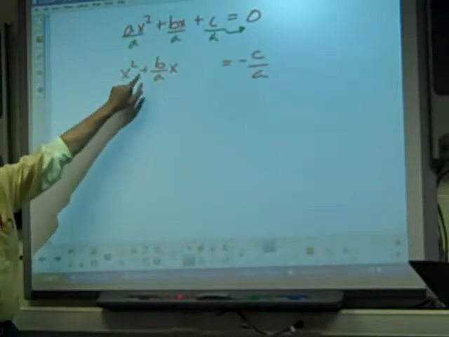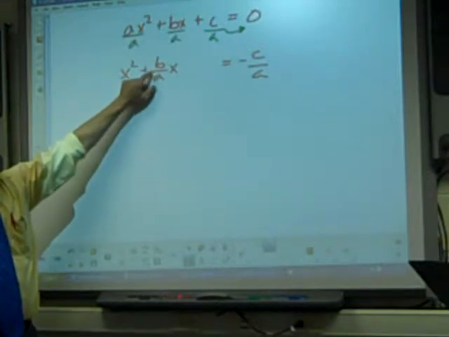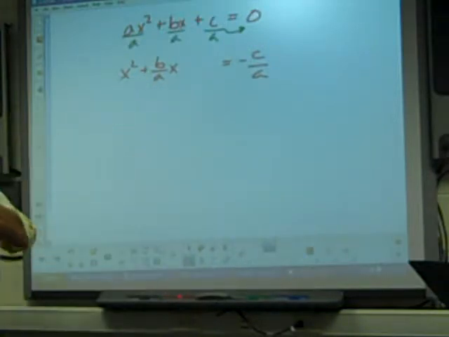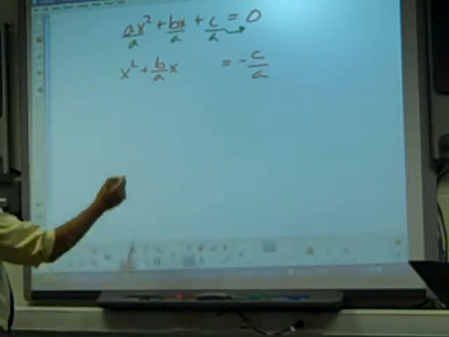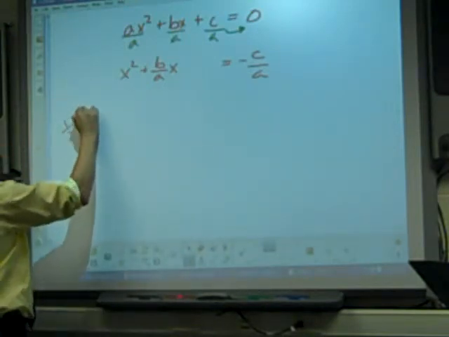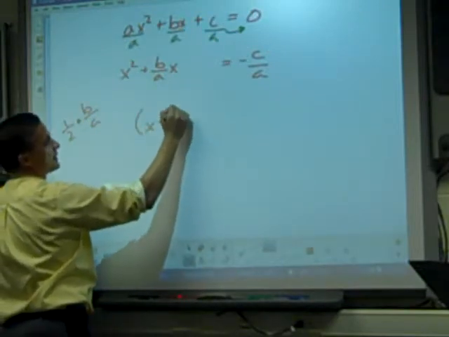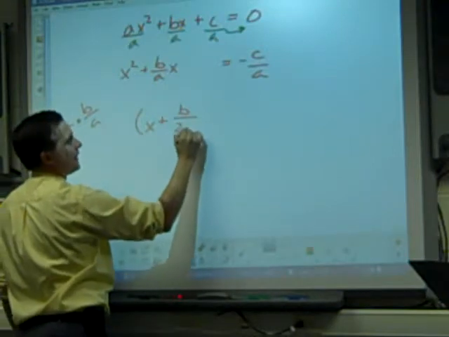And again, we come back to whether this was 6, where half of 6 is 3, or 7, where half of 7 is 7/2, which is 3.5. Half of a half was a fourth. Well, I've got to take half of b over a. So half of b over a is simply a multiplication problem. And I get b over 2a.